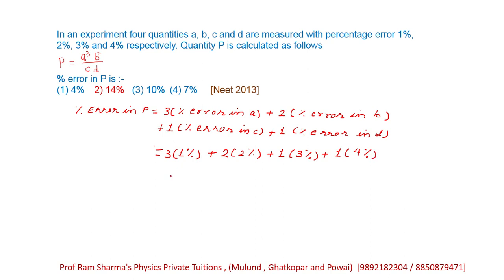So I guess that will give you the answer as 3 plus 4 is 7, plus 3 is 10, plus 4 is 14. So the answer is 14%. So very easy question. Now let's move on to the question which was asked in 2014.